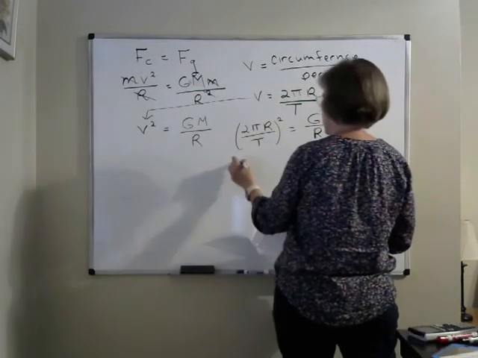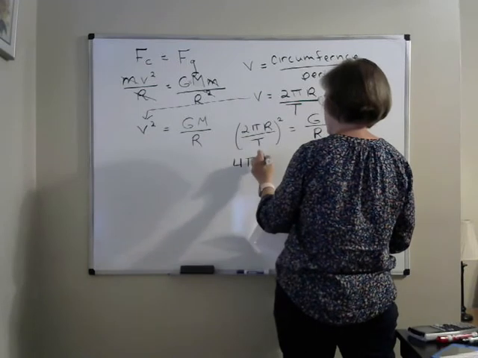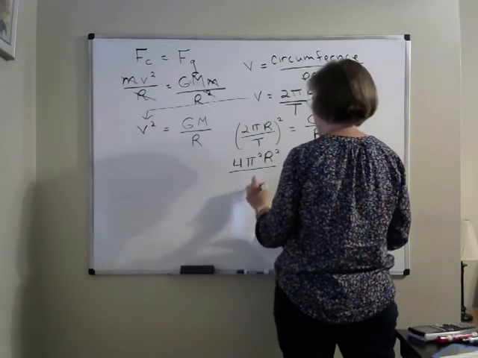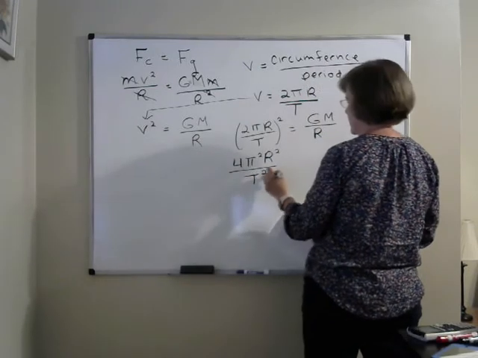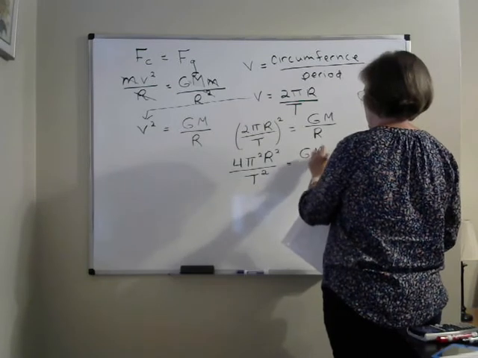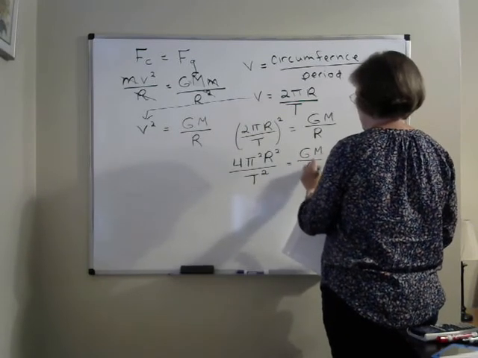If I square this, I get 4 pi squared r squared over T squared equals GM over r.